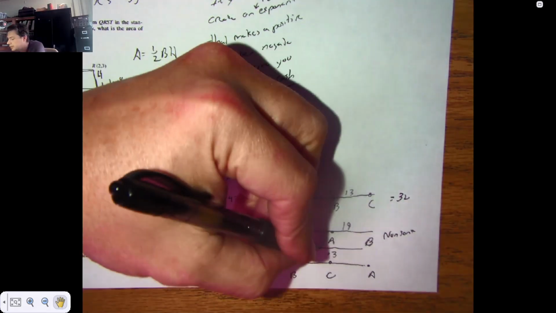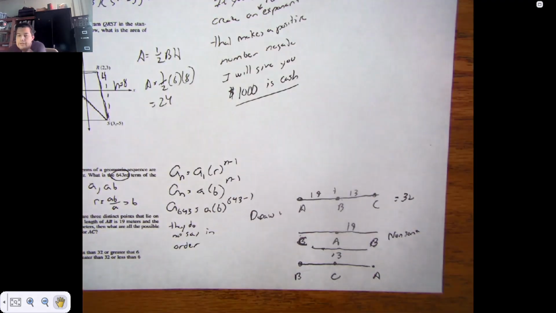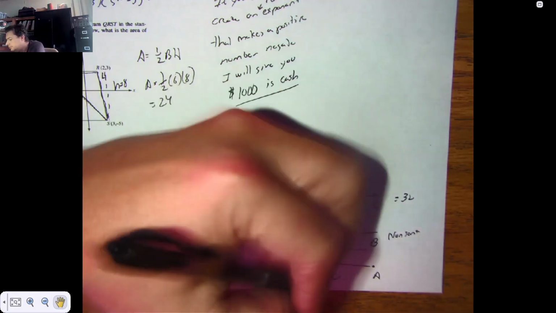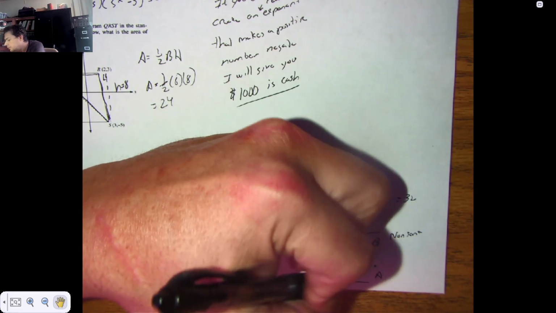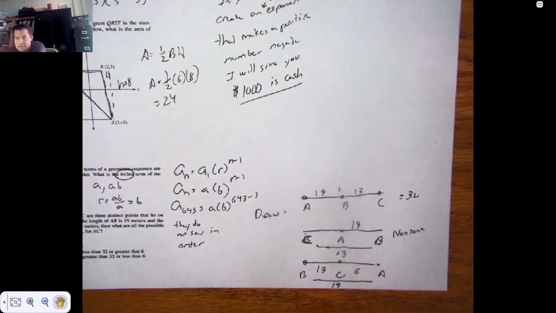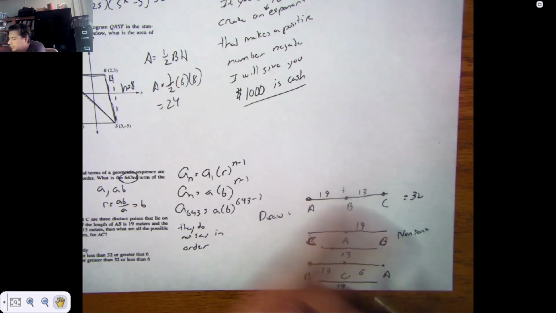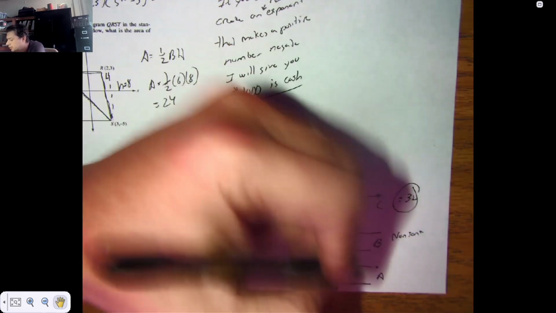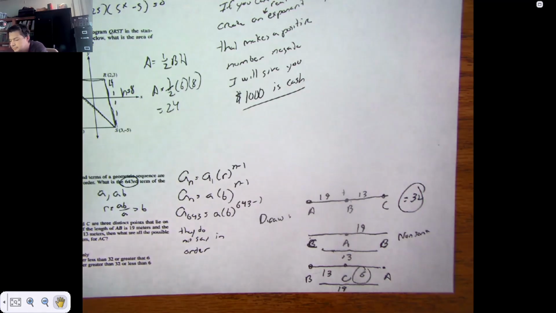It doesn't make a lick of sense. That's not it. And here's the last thing you could do. B to C is 13, and all of A to B is 19, which leaves 6 for that little segment right there. So the correct choices are that A to C could be 32, or A to C could be 6.